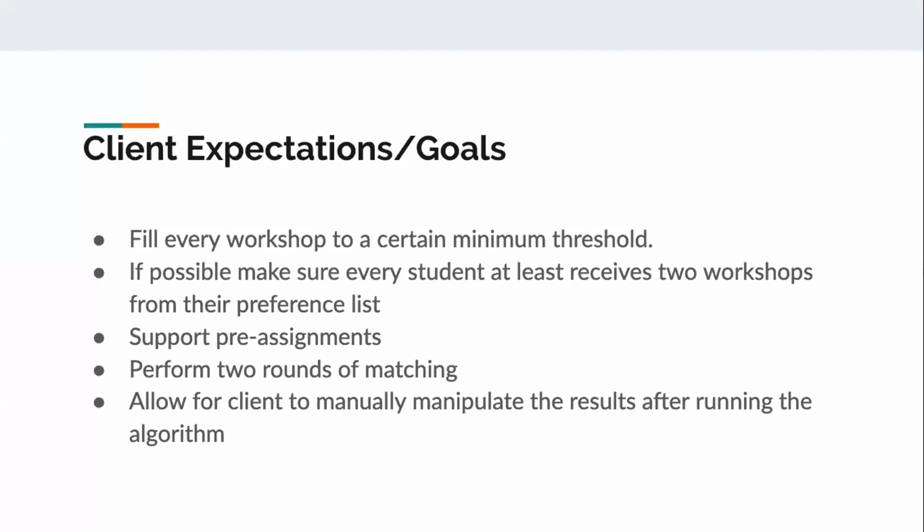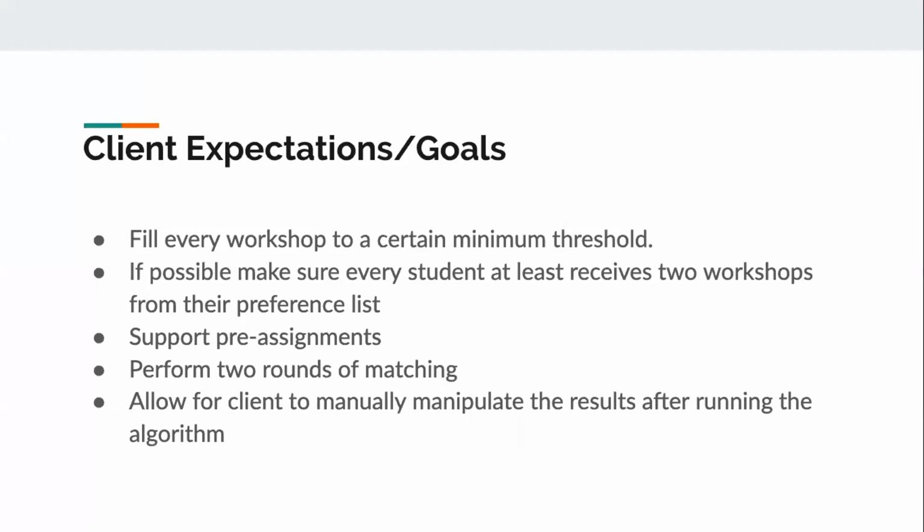The client didn't want the people who made all the effort to put together these workshops feeling disrespected or left out because no one preferenced their workshop, or it wasn't as popularly requested. So that was a priority for our client, to make sure that every workshop was filled.